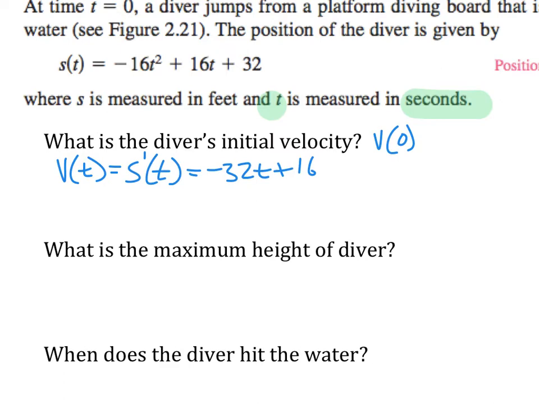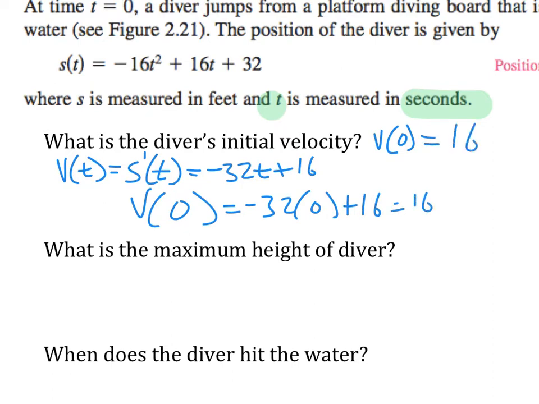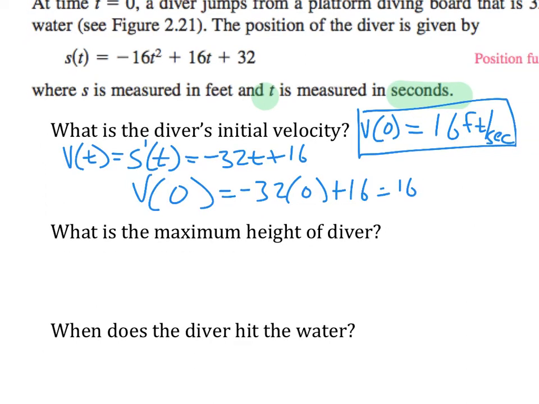And so the velocity at time 0 is negative 32 times 0 plus 16, which is 16. In this case, we're going up. So that's 16 feet per second. That would be how quickly that diver pushed off the diving platform.